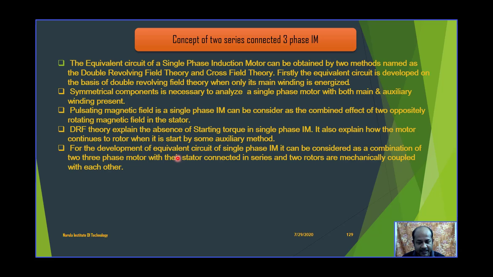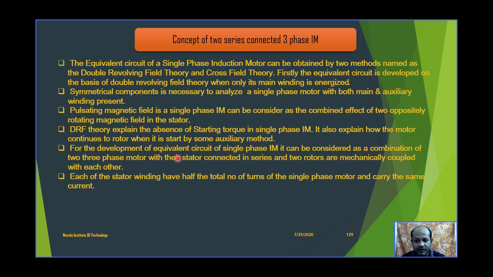Okay, and one more thing, if the total number of turns of the single phase stator winding is n1, then the stator windings of these two motors that represent the single phase induction motor each have half of the total number of turns.